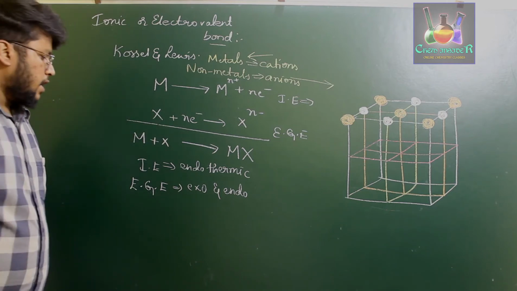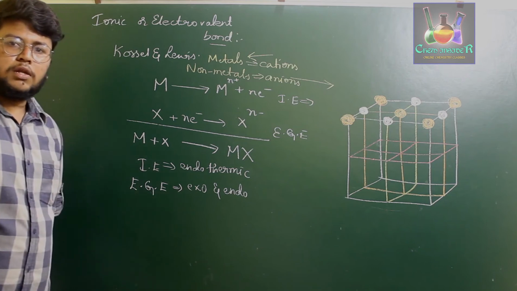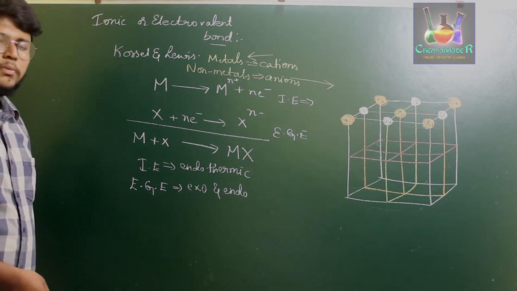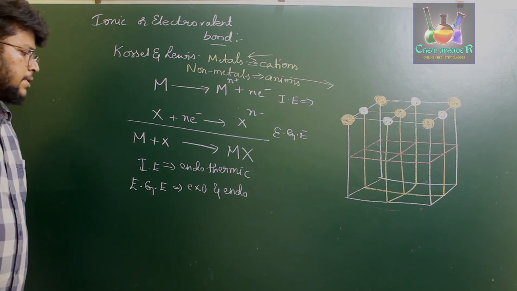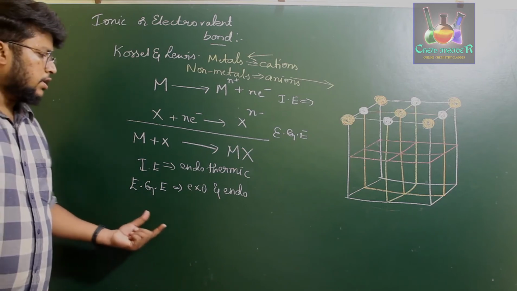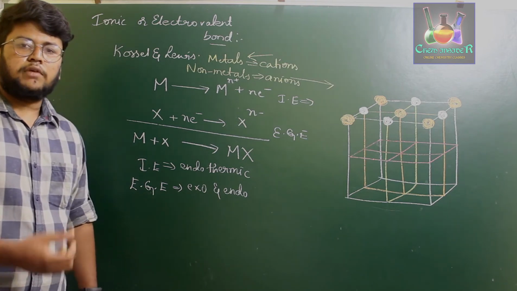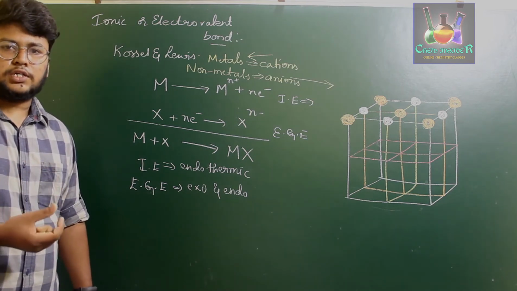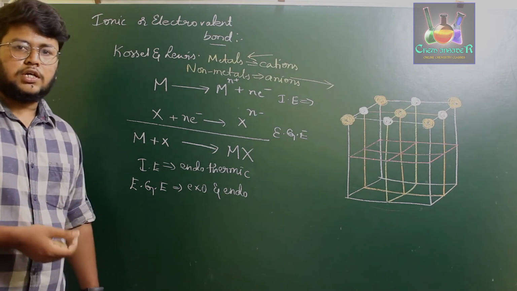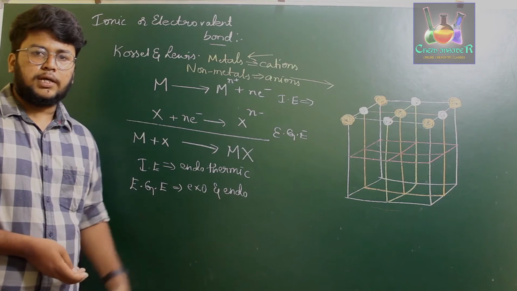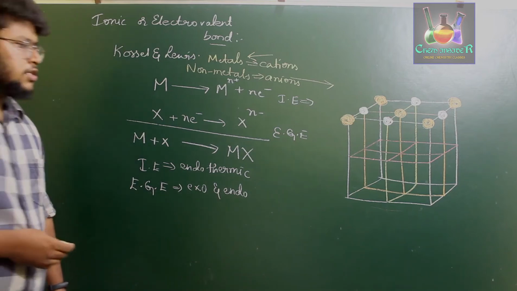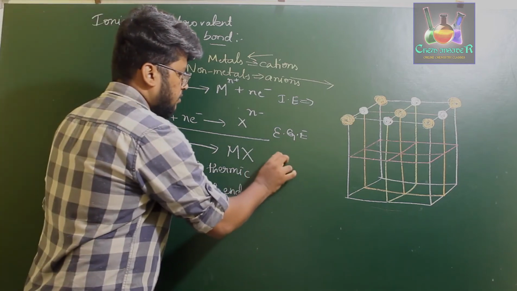Along with this, as I said here, electron gain enthalpy is at certain times an exothermic reaction and at certain times an endothermic reaction. So what happens here is, when electron gain enthalpy is endothermic, there will be a negative change in energy which accompanies the endothermic electron gain enthalpy, and that particular energy is called electron affinity.